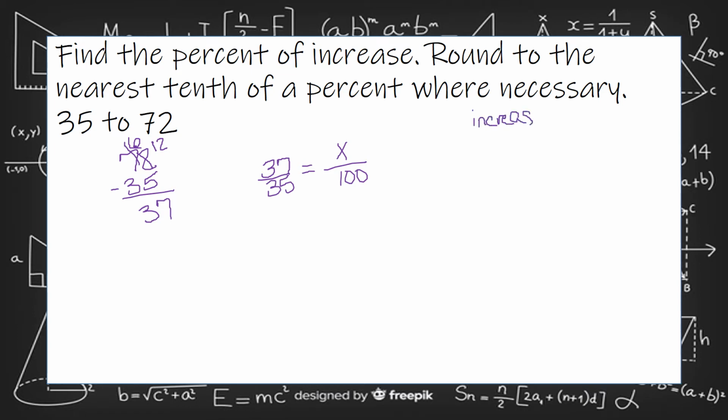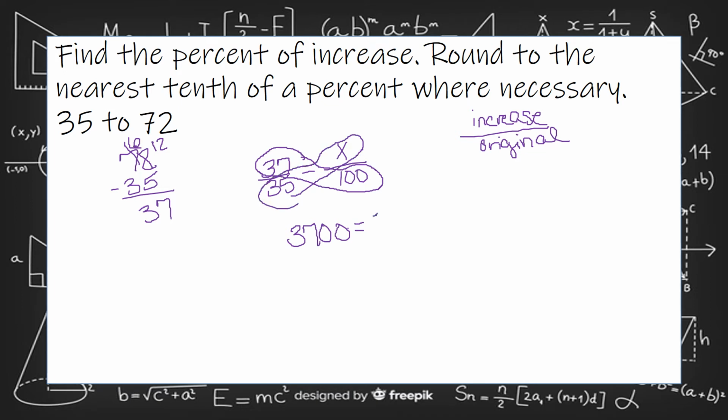So you're always going to put the increase over the original. Okay, then you're going to cross multiply because this is a proportion. You're going to multiply 37 times 100 and get 3,700.